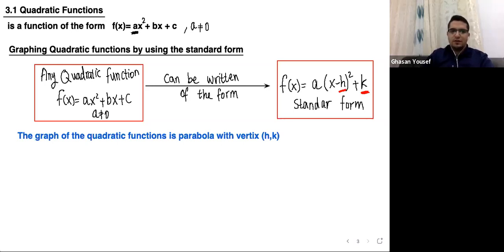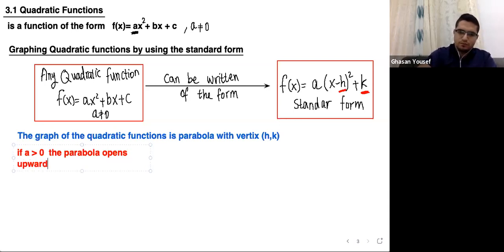We have very important notes also from the standard form. If a is greater than 0, I mean a positive number like 5, 4, 2, or any positive number, the parabola opens upward, and the function has a minimum value, which is k, or f of h equals k.